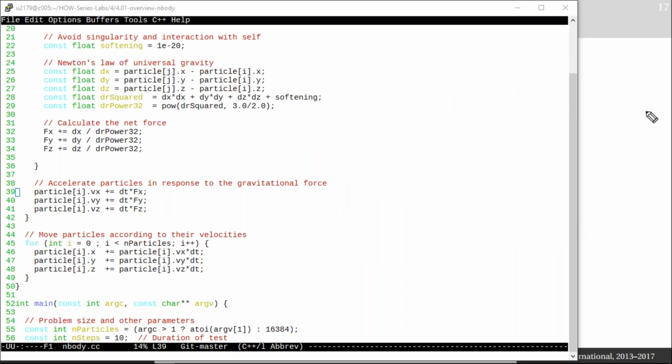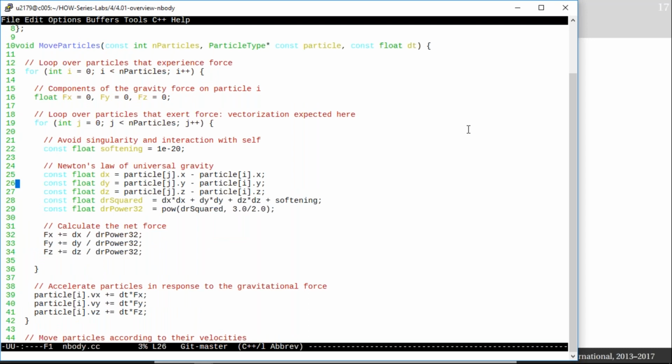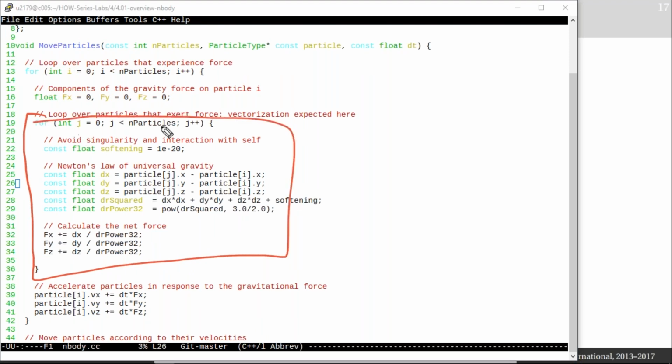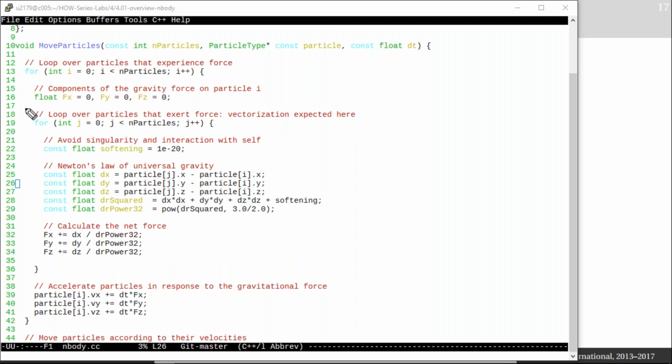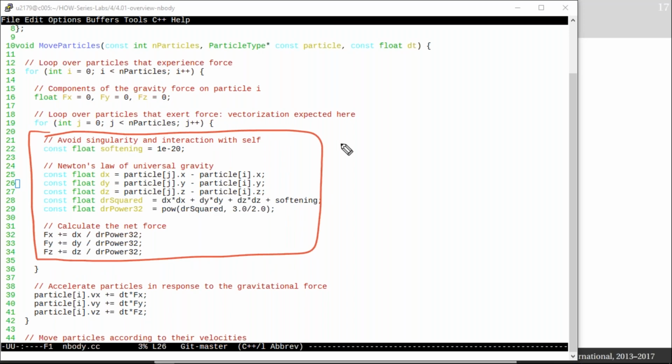My claim is that it doesn't matter for our purposes. Our goal here is to optimize not accuracy, but performance. And with respect to performance, most of the calculation is occurring here in the body of this loop, because it is executed n squared times.